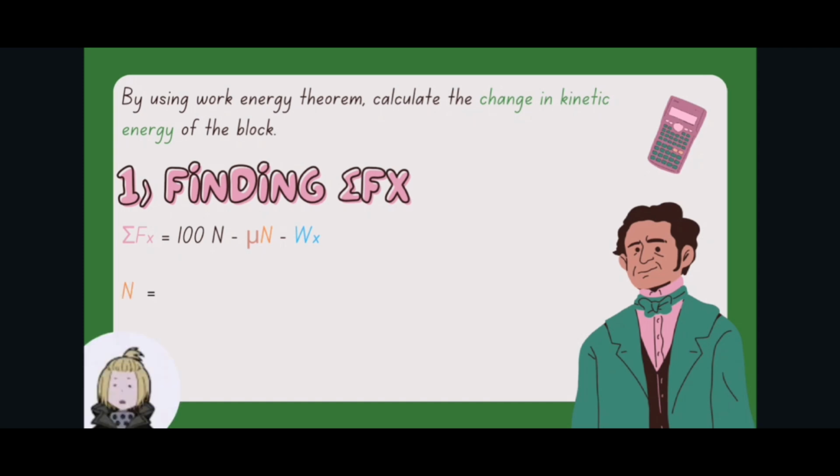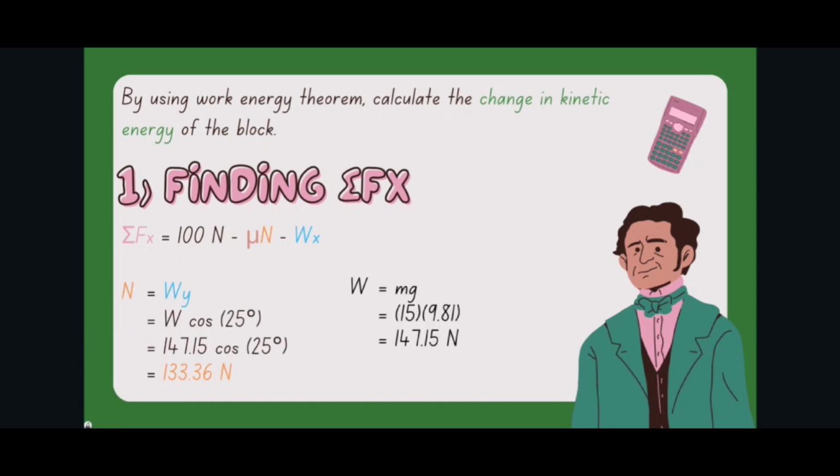In order to do that, we use the formula N equals Wy, and we can find Wy by using the formula for weight, which is mass times gravitational acceleration. From there, we substitute the value of weight into the formula W cos 25 to get the value of the normal force, which is 133.36 newtons.